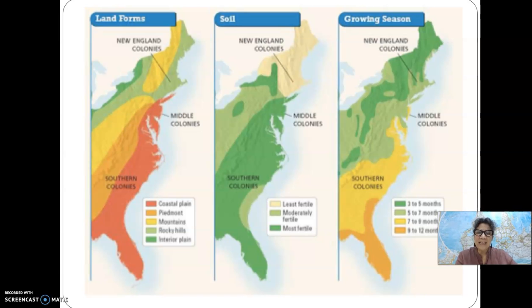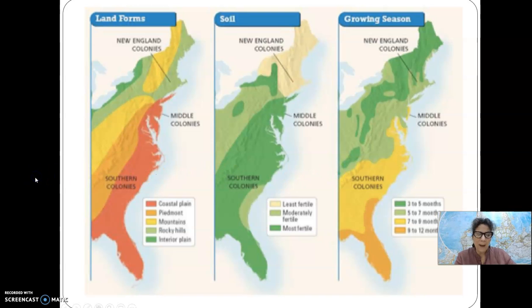And then you'll begin to compare the different colonial regions. That's why I like this map, because it gives you a sense of what the landforms were like from region to region, the soil, the growing season, and so forth.